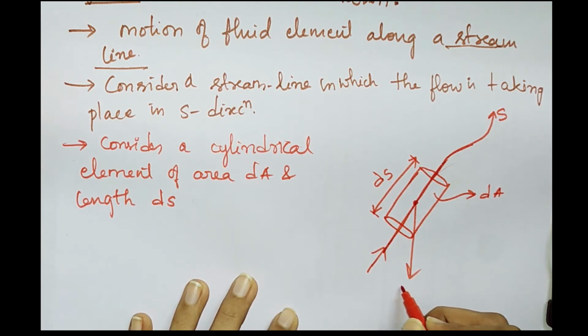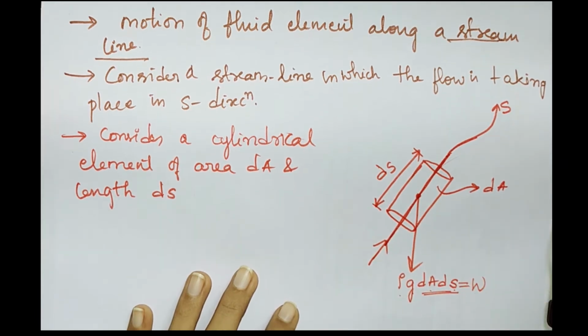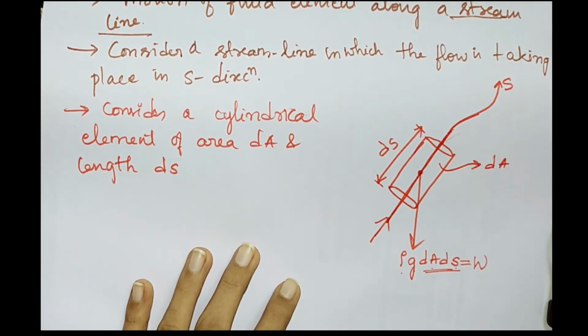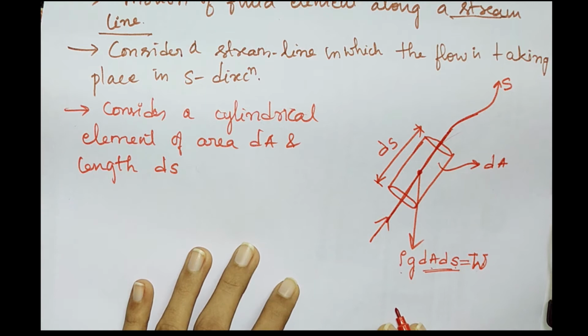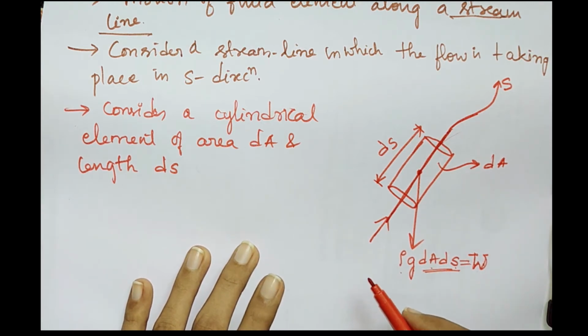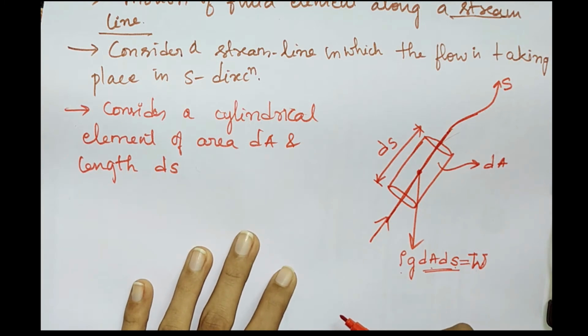That self weight is rho into g into dA into ds, so rho g dA ds. This is the self weight of the cylindrical element, which is one force acting on it, obtained based on the specific weight formula.